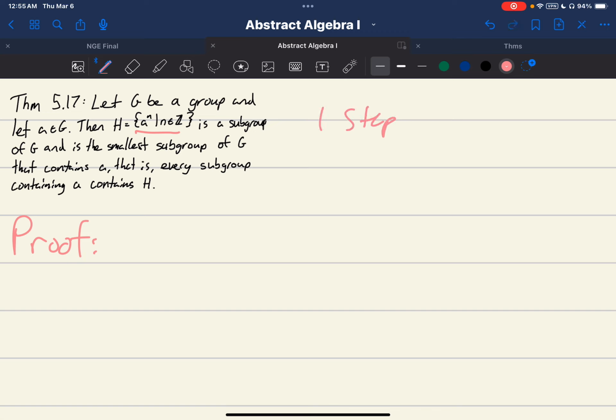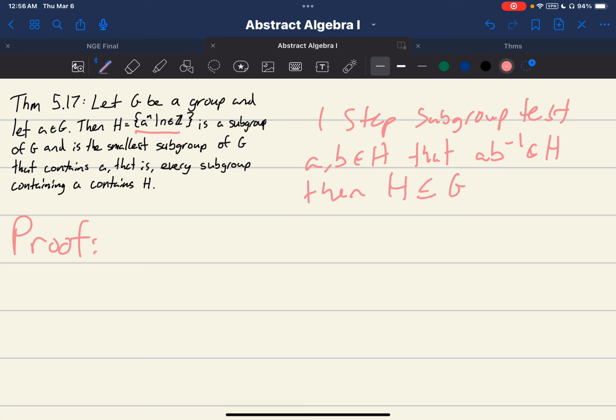The one-step subgroup test: we're going to show that for a and b in H, a b inverse is in H. And if that is true, then H is a subgroup of G.